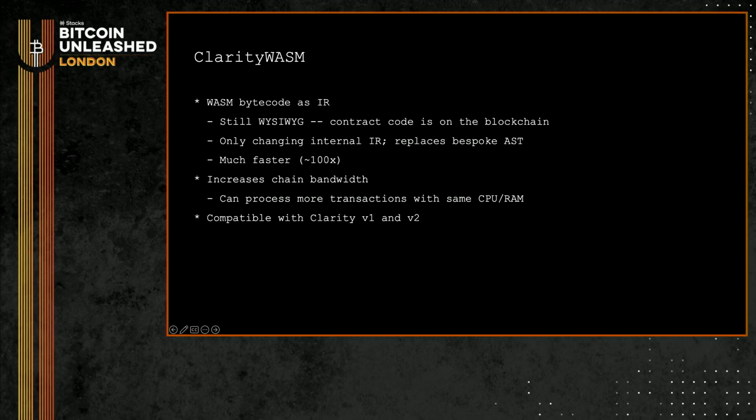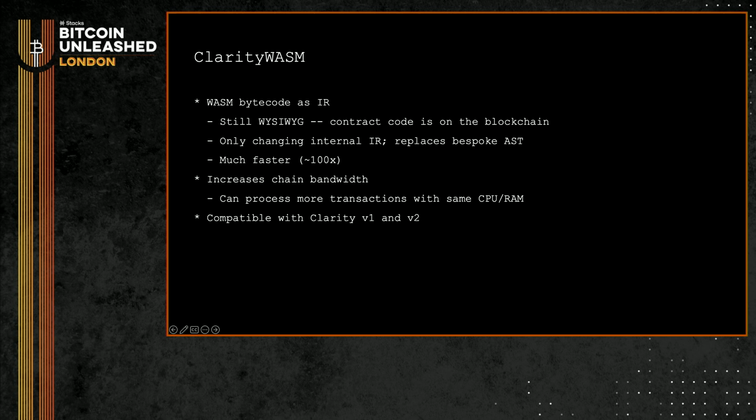The final piece of enabling technology here is Clarity WASM. So as I said earlier, it's still WYSIWYG. You're still going to see your contracts in the Explorer. We're just changing the intermediate representation to be WASM and executable with a WASM interpreter. Compatibility is guaranteed here. The new Clarity contracts can still call into the old ones.